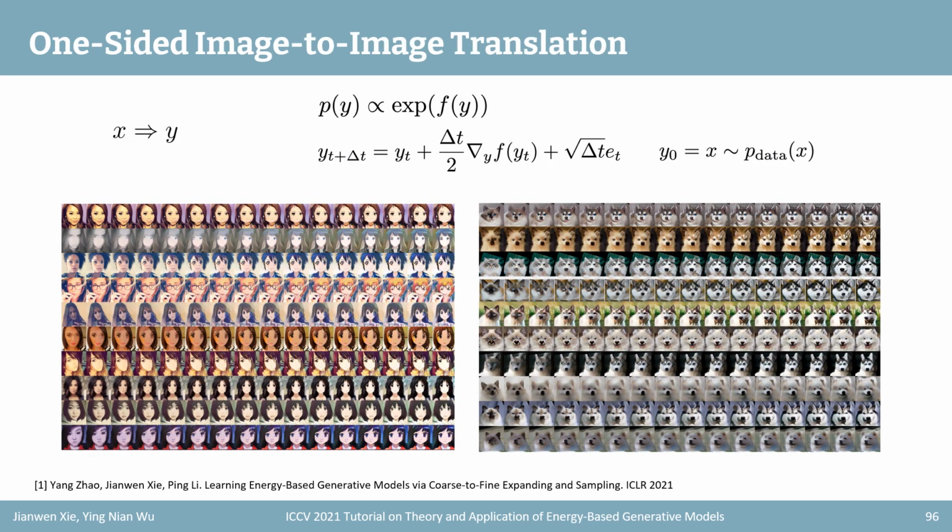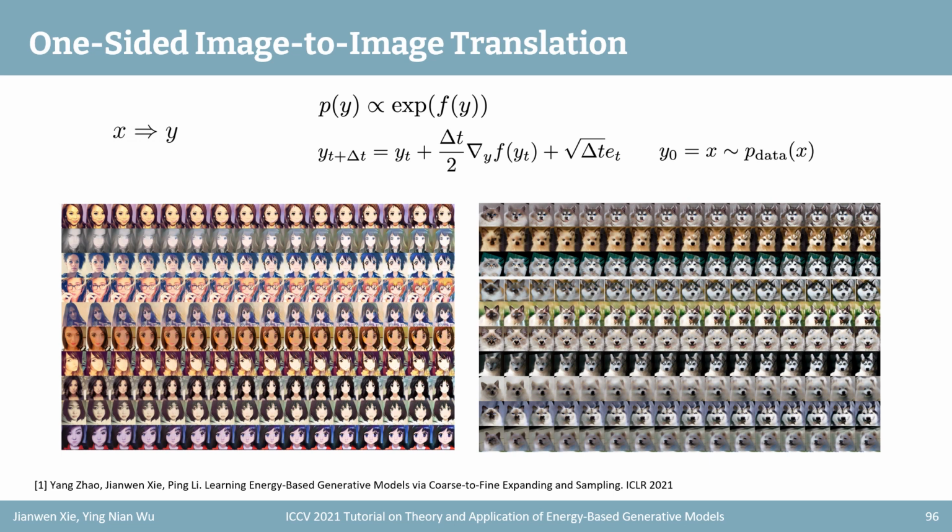As to unpaired image-to-image translation, people might recall CycleGAN, which trains two adversarial frameworks with a cycle consistency loss. Here, we want to show you how to use an energy-based model without explicitly using the cycle consistency loss for this purpose.